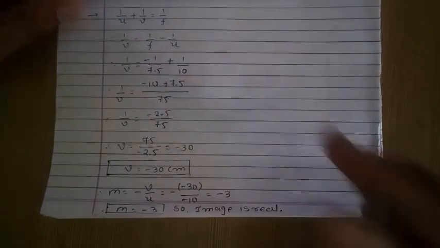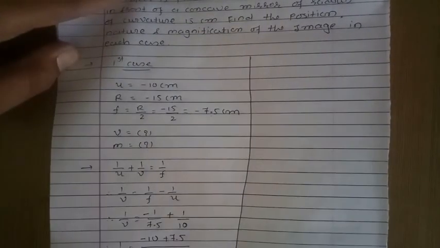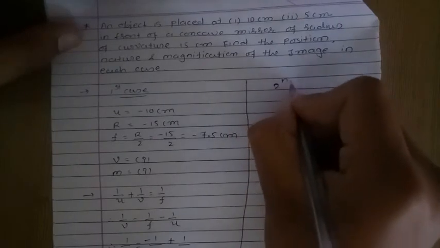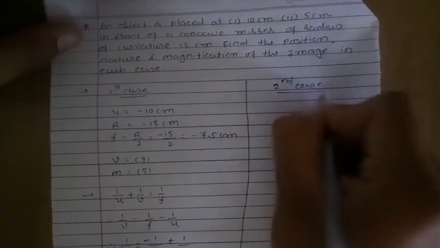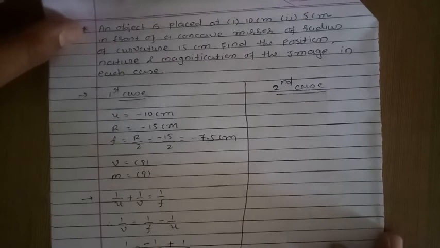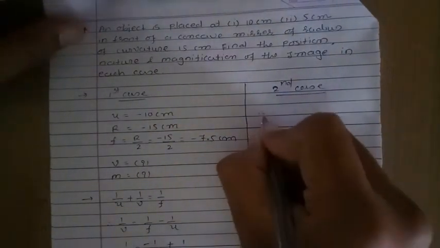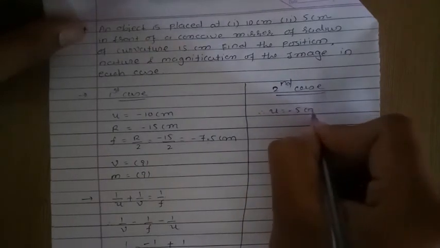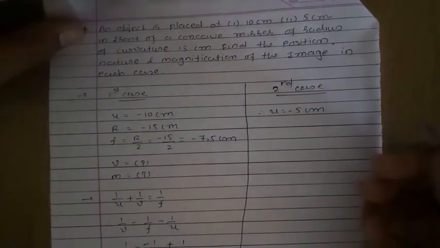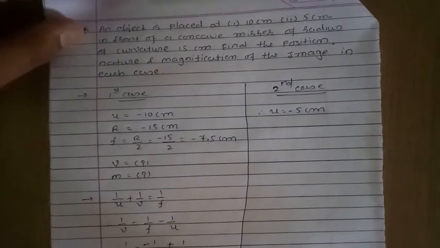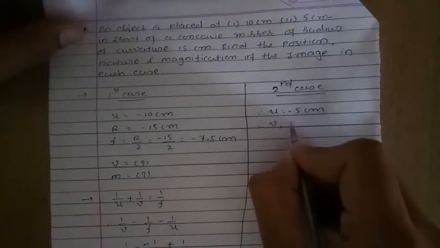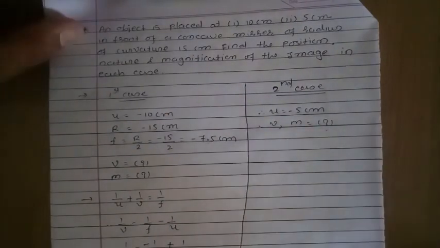Now we discuss about our second case. In second case, the object is placed at 5 centimeter. So we have to take u is equals to minus 5 centimeter. Other data are same. We have to find out v and magnification m. So we know the formula here.